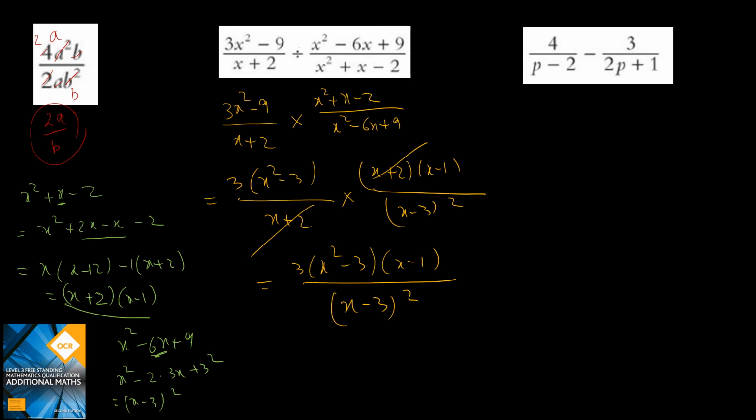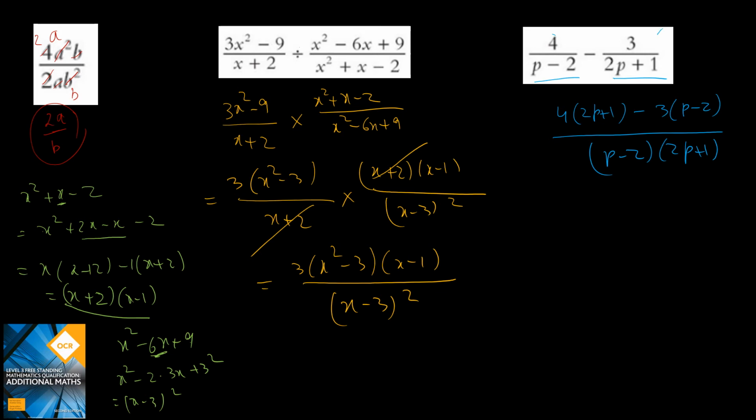So we do 4 times 2p plus 1 minus 3 times p minus 2, and the whole thing over p minus 2 times 2p plus 1, because you cannot factorize this or this anymore. 4 and 3 on their own cannot be factorized.